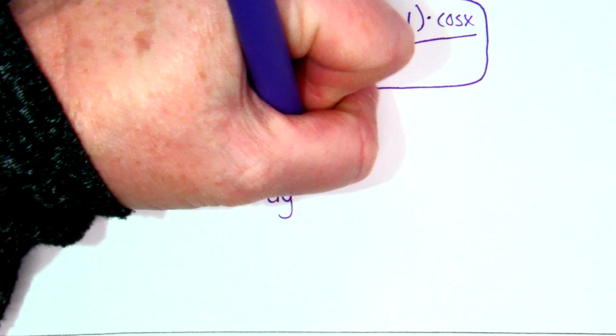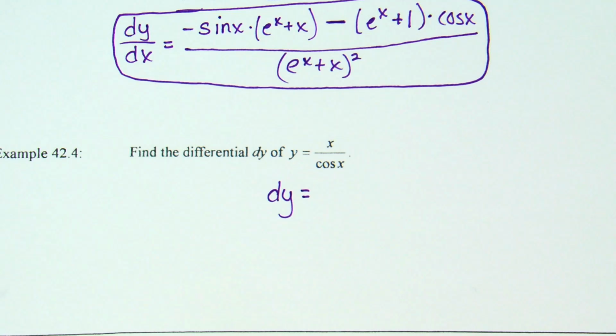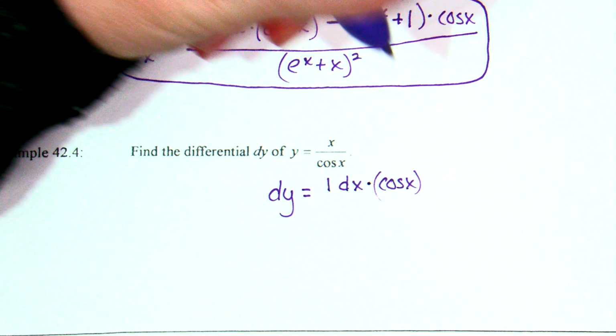Equals the derivative of x over cosine x. Derivative of the numerator, keep the denominator. So the derivative of x, 1 dx, times cosine x.